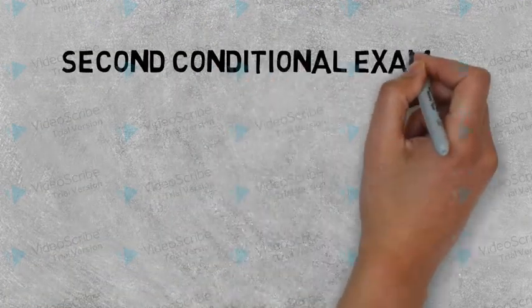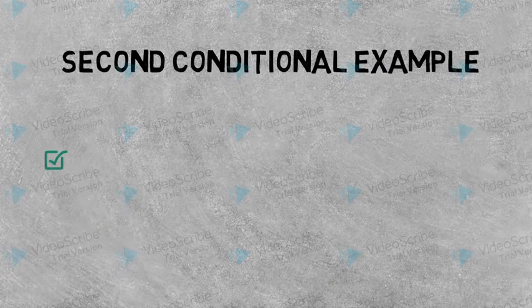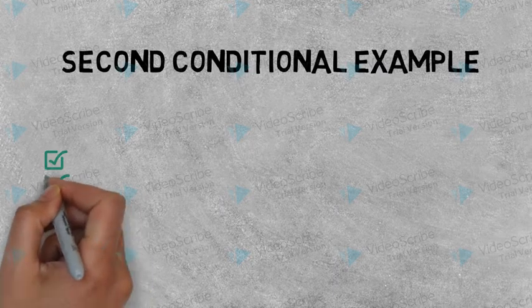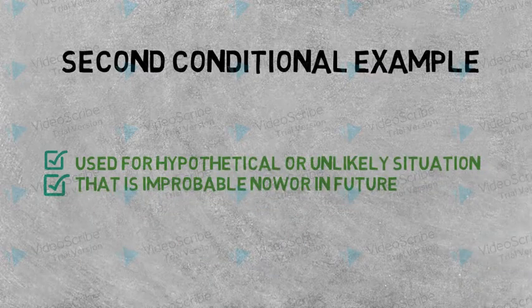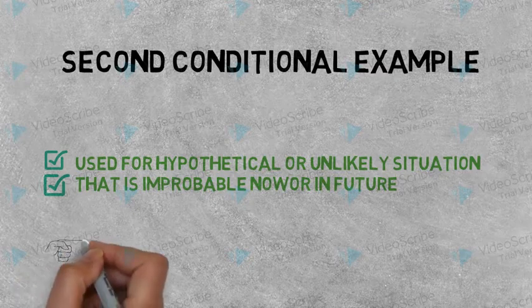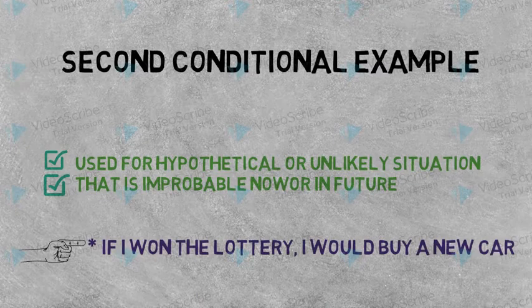Moving on to the second conditional. Second conditional is used for unreal situations, though the time of action can either be of the present or future. So it is used for hypothetical situations that are unlikely or improbable now or in future. For example, if I won the lottery, I would buy a new car.